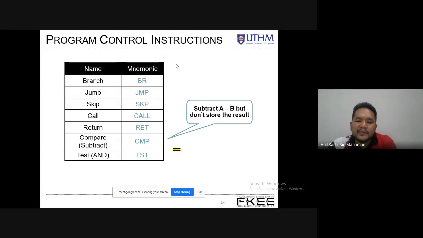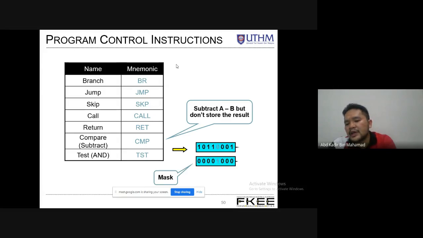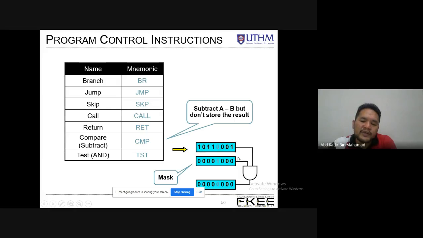This is an example for the test. This test is for AND gates. 1 and 0, you get 0. They have no 1 and 1 here. If 1 and 1, the value becomes 1. So this is useful for bit correction.